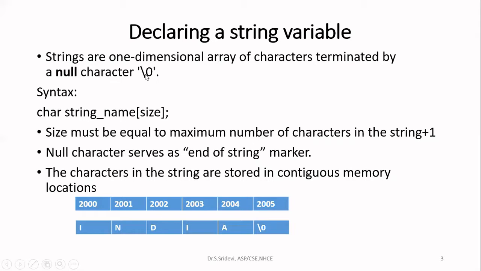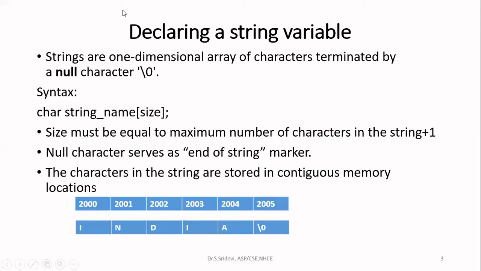So why do we use the null character? If you don't use a null character, when you are reading the data from the string using a for loop, you will not know when to terminate the loop. So every string in C programming will be terminated by a null character to identify when to stop while manipulating the string.